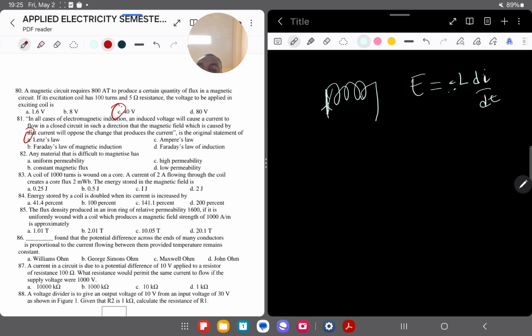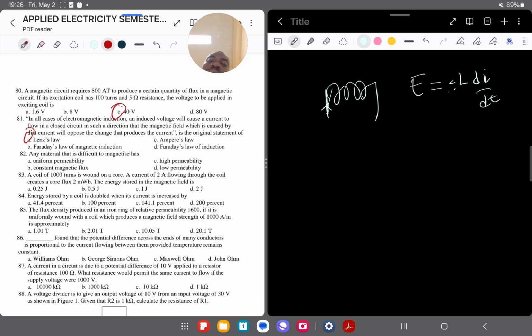Any material that is difficult to magnetize has. So if you have a material and it's difficult to magnetize, meaning the material is having a low permeability, right? Remember the definition of permeability is how easily magnetic field can be established in a material, meaning how easily you can magnetize a material.